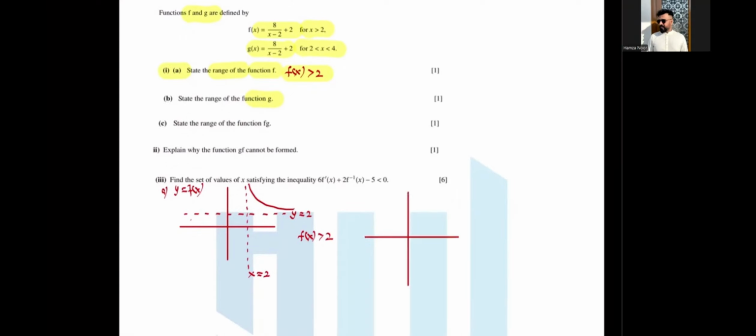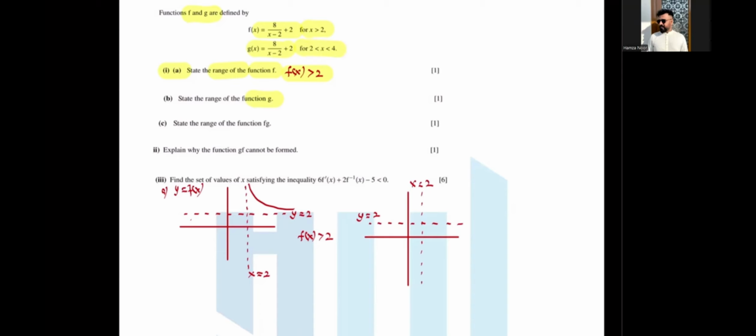Since the expression is the same, x = 2 and y = 2 are the asymptotes. x = 2 is the vertical asymptote and y = 2 is the horizontal asymptote. The domain for g(x) is x greater than 2 and less than 4.